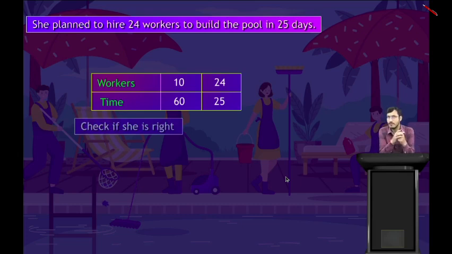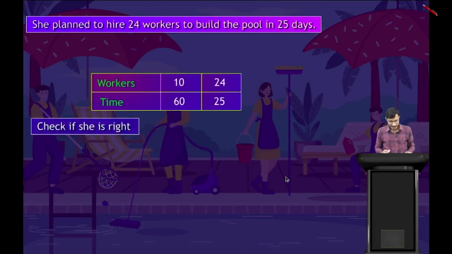Yes, the number of workers increases from 10 to 24 and the time decreases from 60 to 25. So can you tell me what kind of proportion here? Yes, correct. So here time decreases, workers increase.